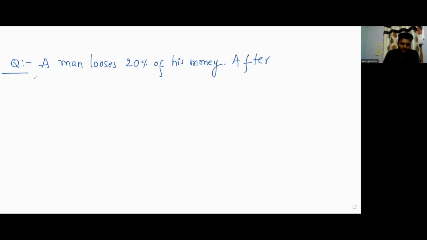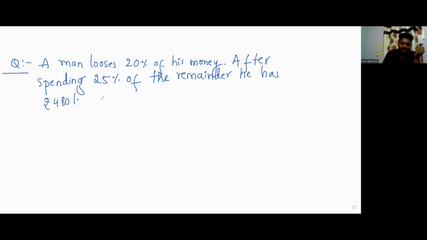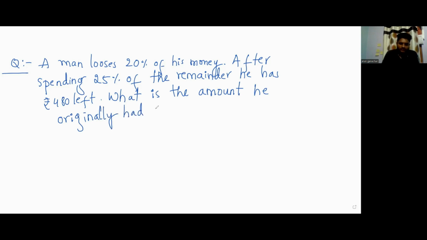After spending 25% of the remainder, he has rupees 480 left. What is the amount he originally had? This was asked in UPSC 2014, I think.